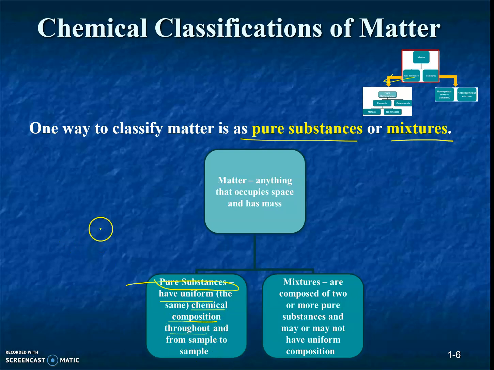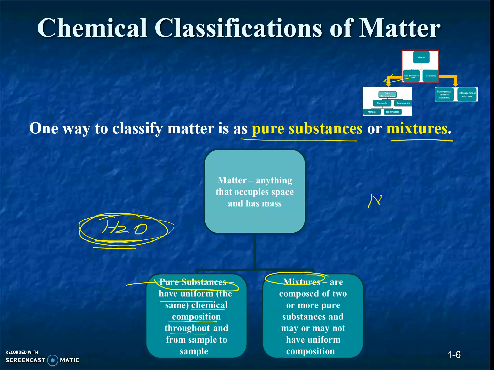For example, I have water. Its composition is H2O. So no matter if you are bottled water, tank water, or pond water, you all have H2O. So you are a pure substance and have the uniform chemical composition, which is H2O. And what is a mixture?